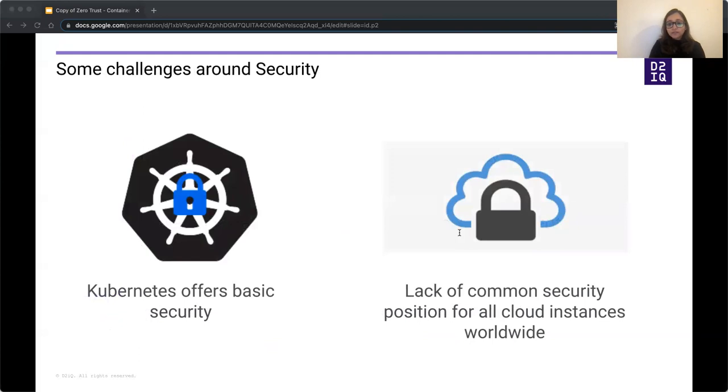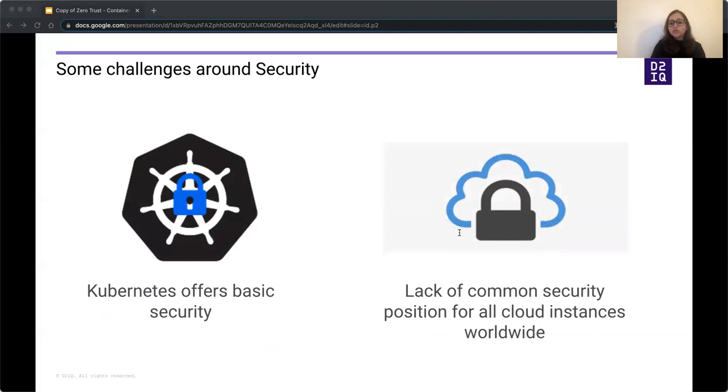Some challenges we face around security in Kubernetes and containers in general is that beyond basic features such as enforcing role-based access control, Kubernetes does not offer the ability to protect applications from vulnerabilities. While cloud practitioners are armed with best-in-class knowledge, support, and security practices, it is statistically impossible to have a common security posture for all cloud instances worldwide.